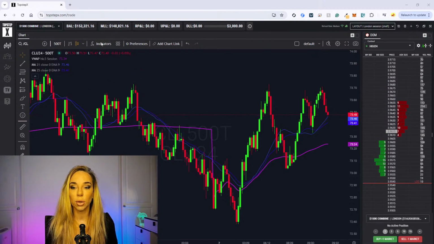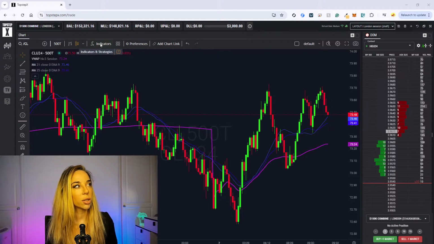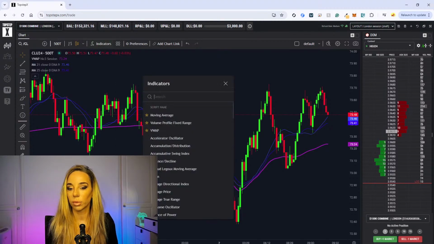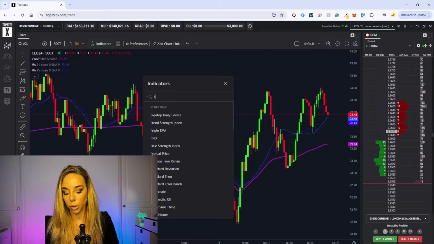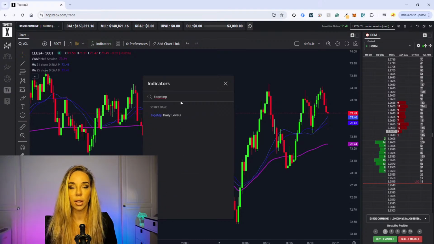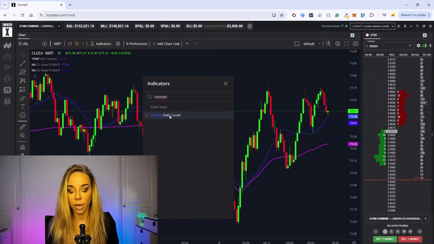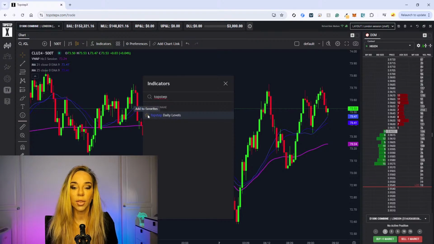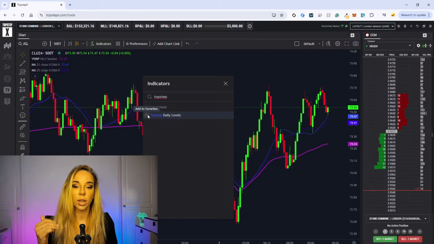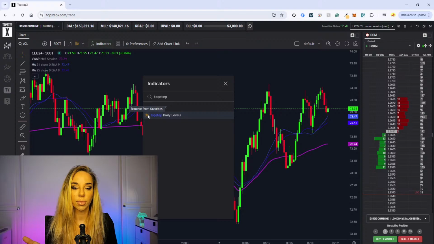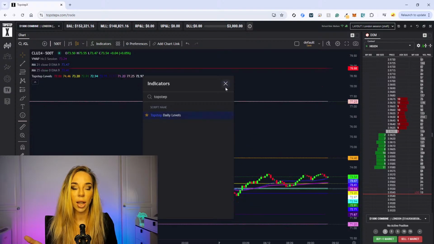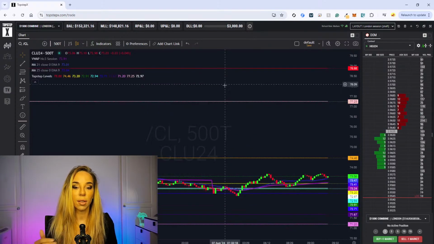If you want to see those, you go to indicators and then you look for Topstep, and it's going to say Topstep daily levels, right? If you want to have this somewhere easily accessible, you might want to add it to favorites. Okay, so you click on that and it's going to plot the levels on the chart.